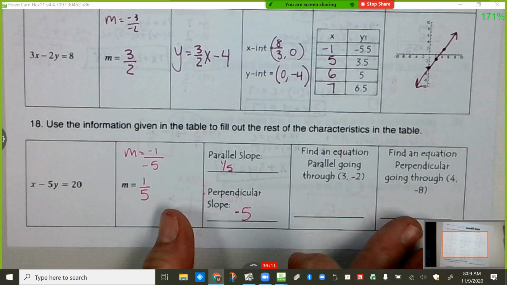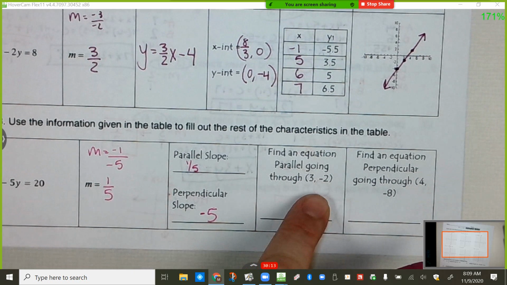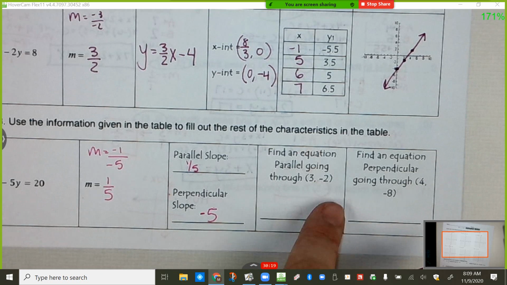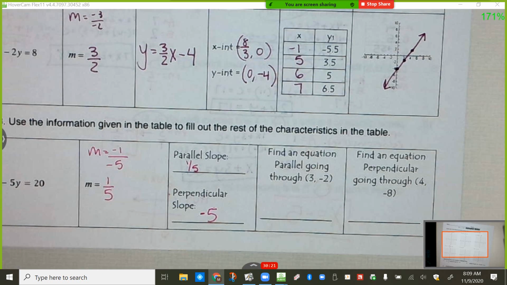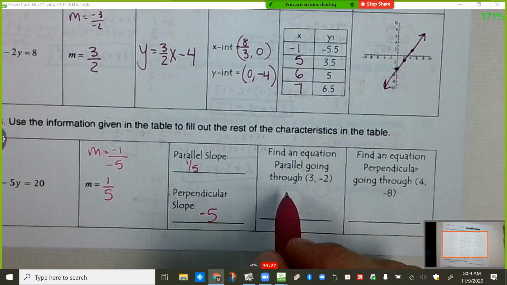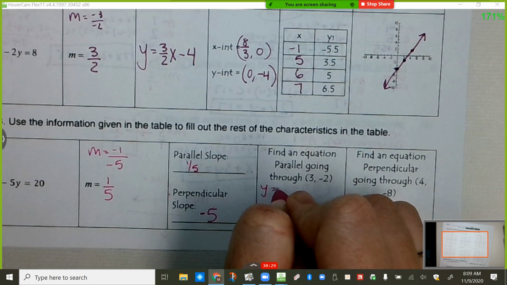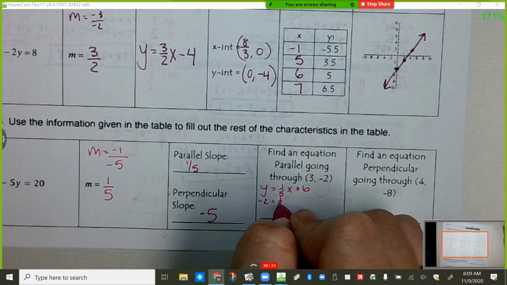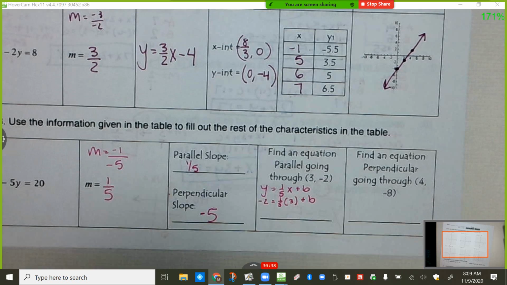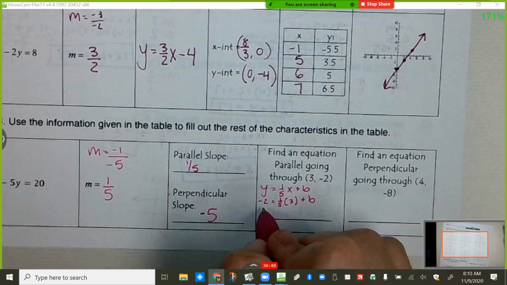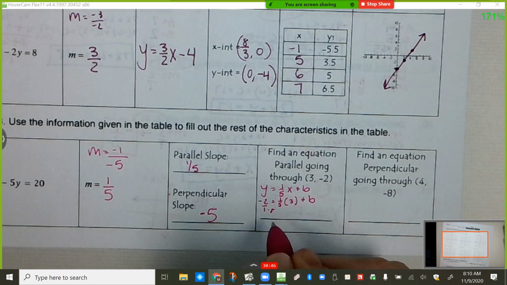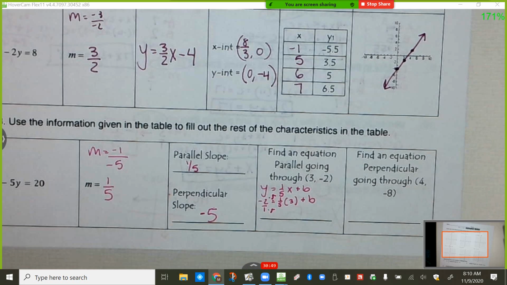Now, if we find an equation parallel going through this point, parallel is going to be a slope of 1/5. It doesn't tell me what kind of equation either, so I would put it in slope-intercept. That's just me. So we know it goes through this point, so we have y equals 1/5 x plus b. So plug in our point. Negative 2 equals 1/5 times 3 plus b. So this is what I was saying, it's not a pretty point. So I want to put this as a fraction, and I'm going to multiply by 5 to make my denominators match.